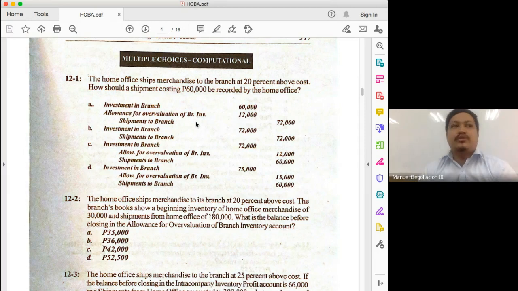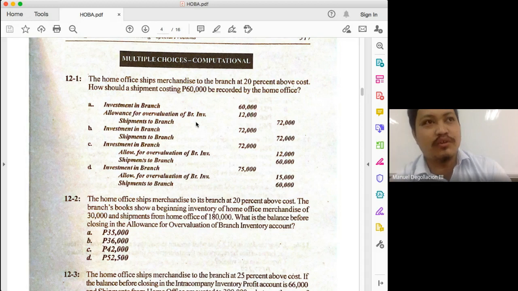And I hope you were able to notice that the primary difference here is that the shipments from the home office to the branch will now involve a markup that is being added by the home office. This means that the value that will be received by the branch will not necessarily be the actual or the true cost of the inventory.